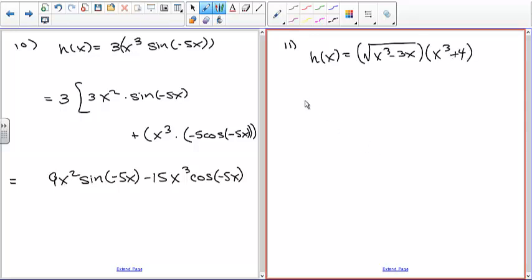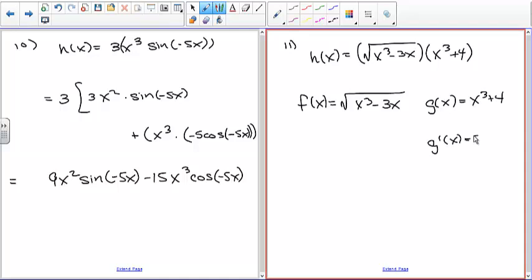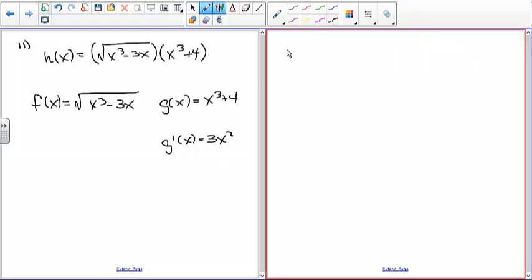So I'm going to call the first part f of x. So that's the square root of x cubed minus 3x, and I'll call the second part of the product g of x, which is x cubed plus 4. Well, g prime of x, pretty much everybody got that. It's 3x squared.